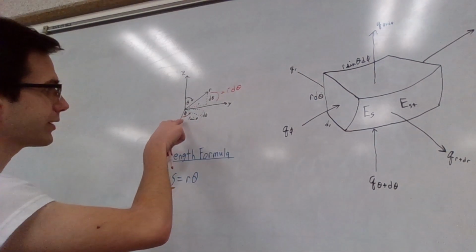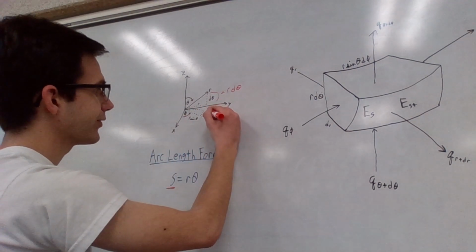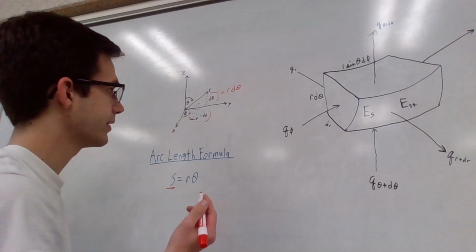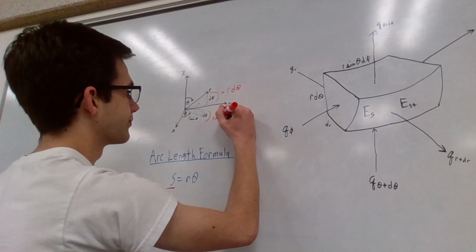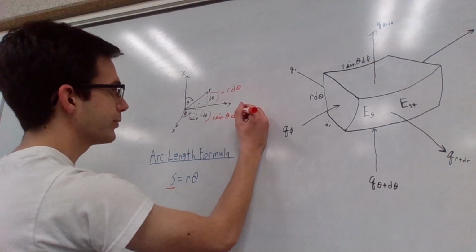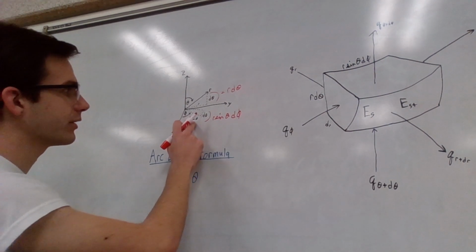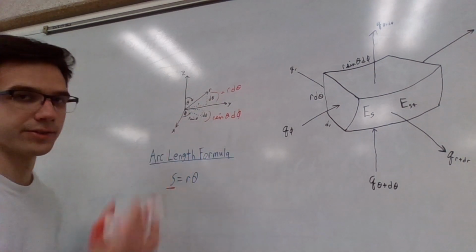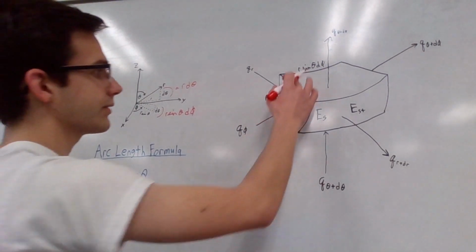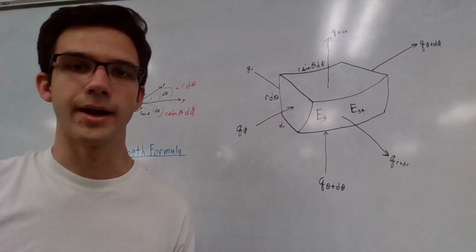We're defining phi as how far the angle is going across, so this arc length is equal to this radius, which was r sine theta, times this angle, d phi. So it's still radius times the angle. The radius is just now defined not as r, but as r sine theta, because that's what it would be in this direction. Because of that, this length here is going to be defined as r sine theta d phi.